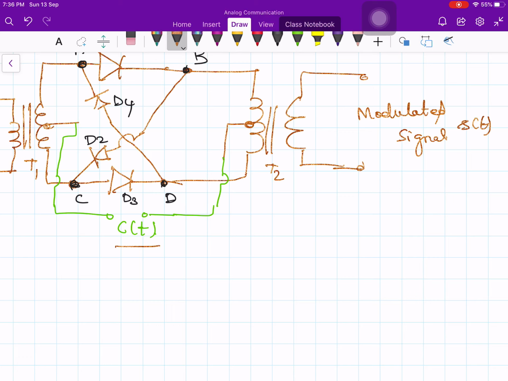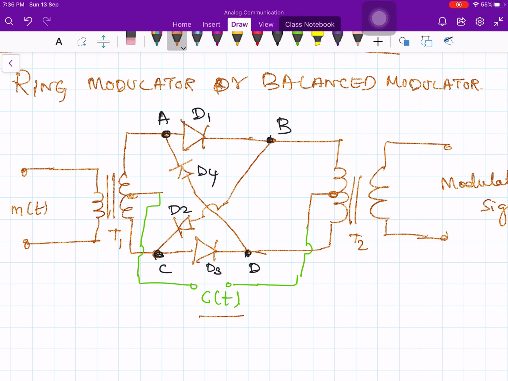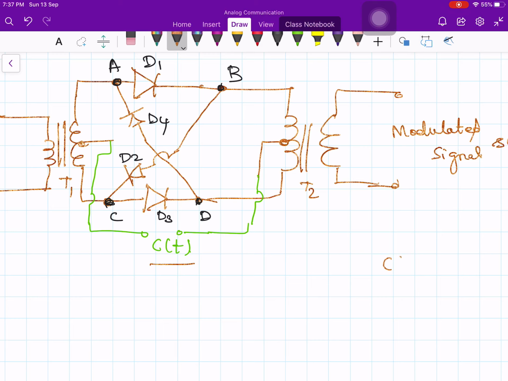Now let us look at the operation of this circuit. It is a very simple operation, and very easy to understand also. The principle is more or less the same as what we did in the previous case, like switching modulators. So the first condition is when c of t is greater than 0, that means positive.